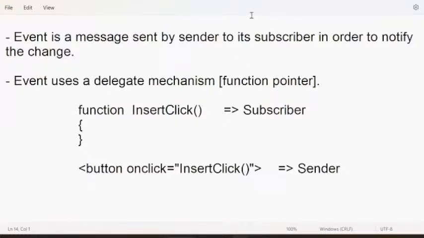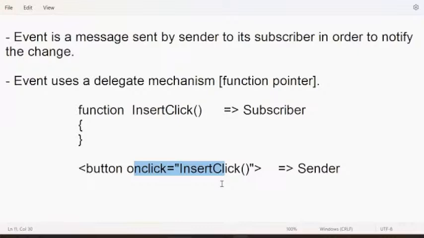So that is the reason event is a message sent by whom? Sender. To whom? Subscriber, in order to notify the change. What is the previous state? Previous state is normal. Now current state is click. The state of an object changed from normal to click.